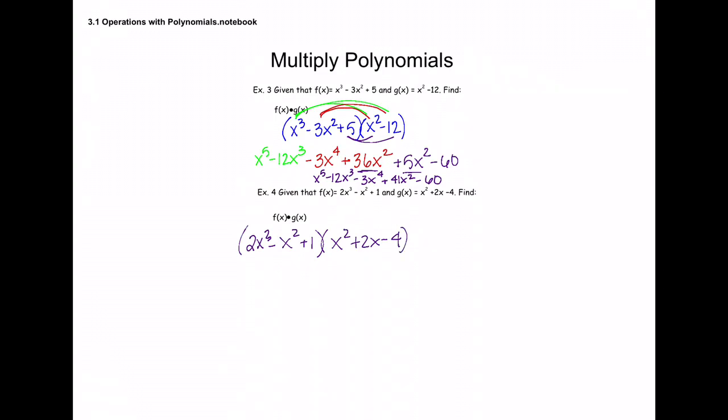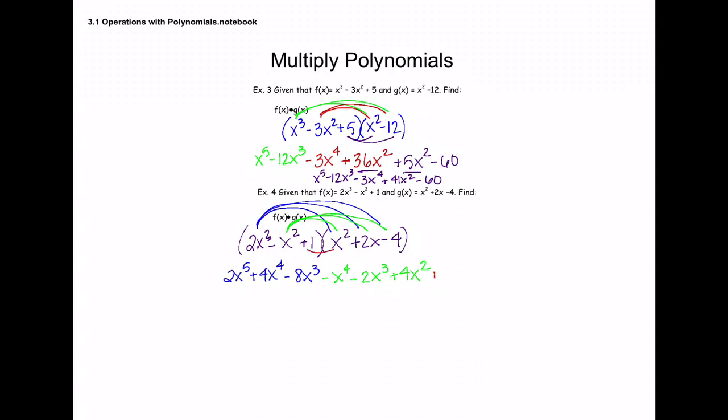Everything in the first parenthesis times everything in the second, so 2x cubed times x squared gives us 2x to the 5th. 2x cubed times 2x gives us positive 4x to the 4th. 2x cubed times negative 4 gives us negative 8x to the 3rd power. Negative x squared times x squared gives us negative x to the 4th. Negative x squared times 2x gives us negative 2x to the 3rd power. Negative x squared times negative 4 gives us positive 4x squared.